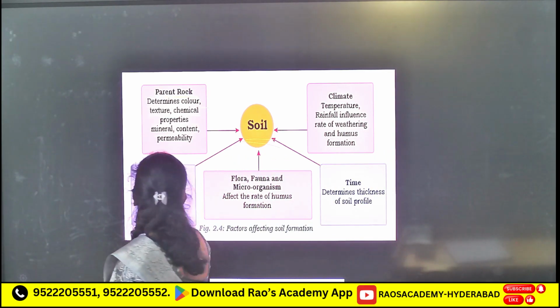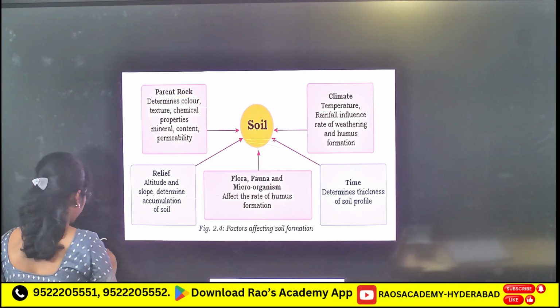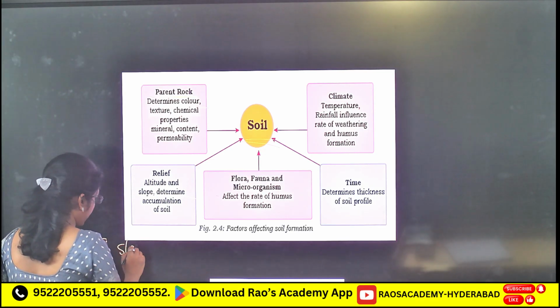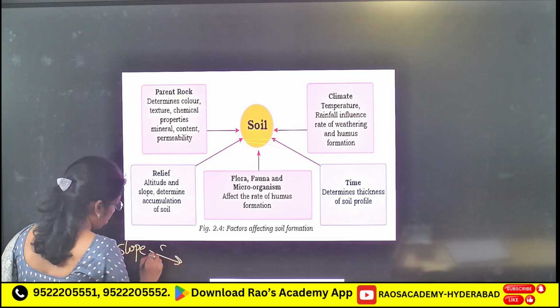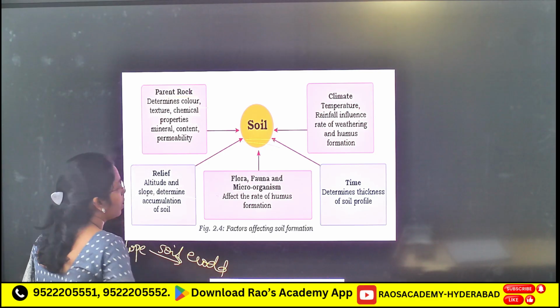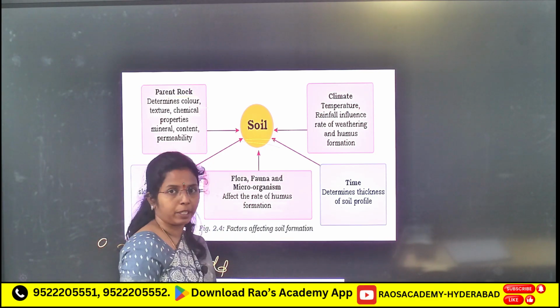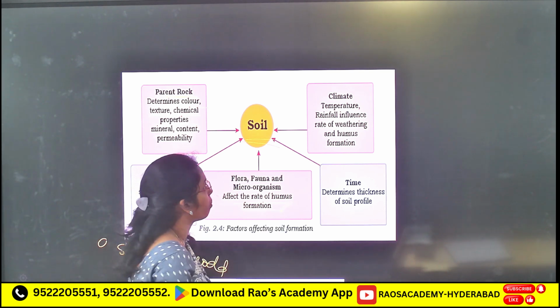Relief, altitude, slope determines accumulation of soil. If slope is steep, soil is eroded. Now flora and fauna affect the rate of humus formation.